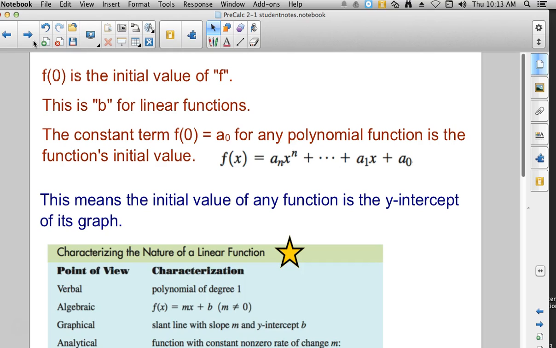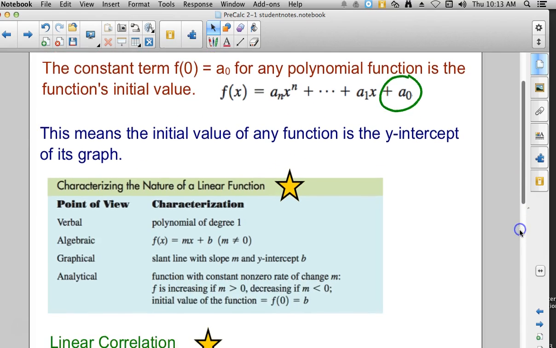So this is going to be the only thing that's left standing if we put a 0 into the function. So that constant in the back, that's our y-intercept every time. So this means the initial value of any function is the y-intercept in its graph.